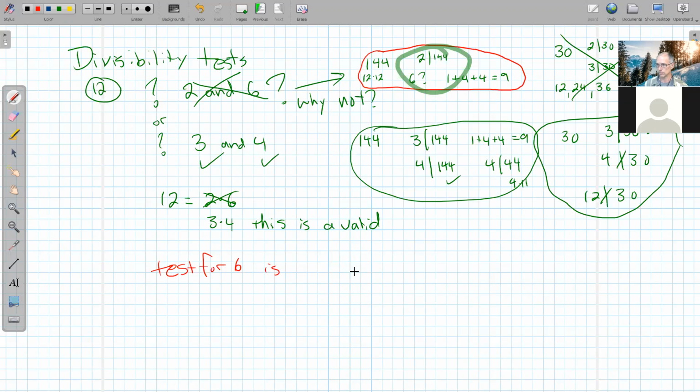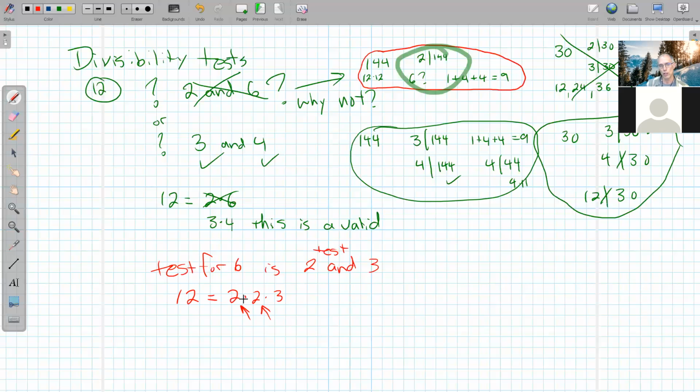Anybody? You test for 2 and 3. Yeah, we test for 2 and 3. The problem with the 2 times 6 here is that 6 is 2 times 3, and we have that 2 there. So 12 is equal to 2 times 2 times 3. So we kind of have to test for 2 twice in a row.